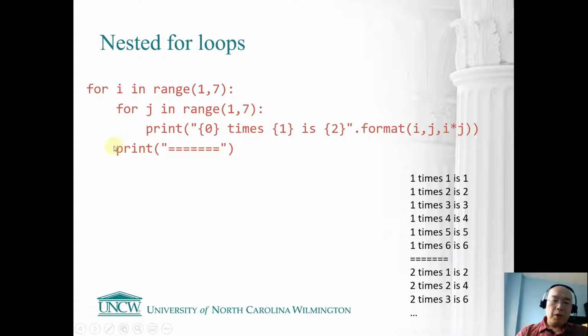In this part, the indentation is definitely important, because if we indent the print this way, the inner for loop and the print both belong to the body of the outer iteration, right?